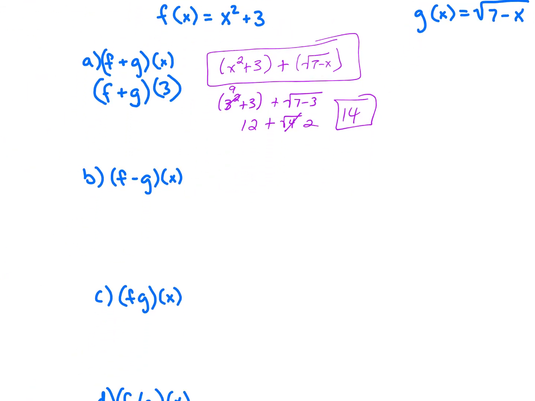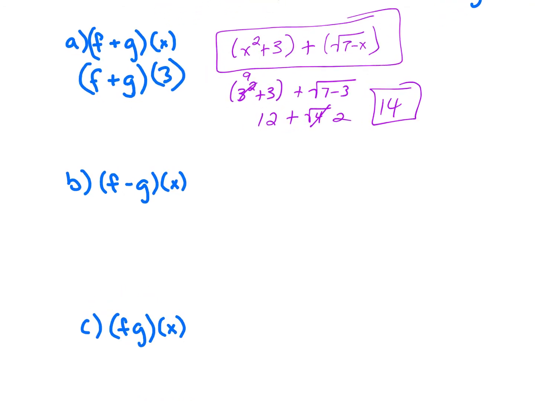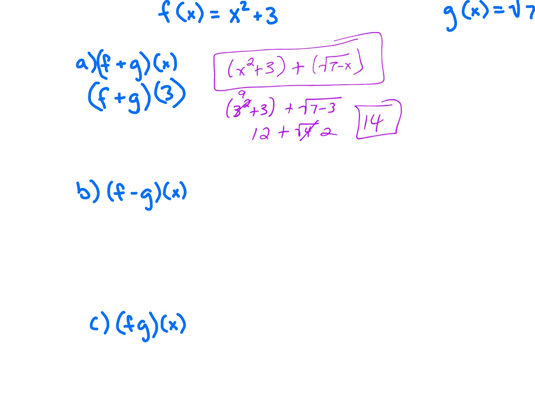All right, same concept. What are we doing here? We're subtracting. Guys, also please make sure, don't just take for granted it's always going to be F minus G. It might be G minus F. God bless you. So you got to make sure you put your functions correctly. If it's F minus G, then F goes first. So in this case, I have F, x squared plus 3, minus my G function, 7 minus x, right?